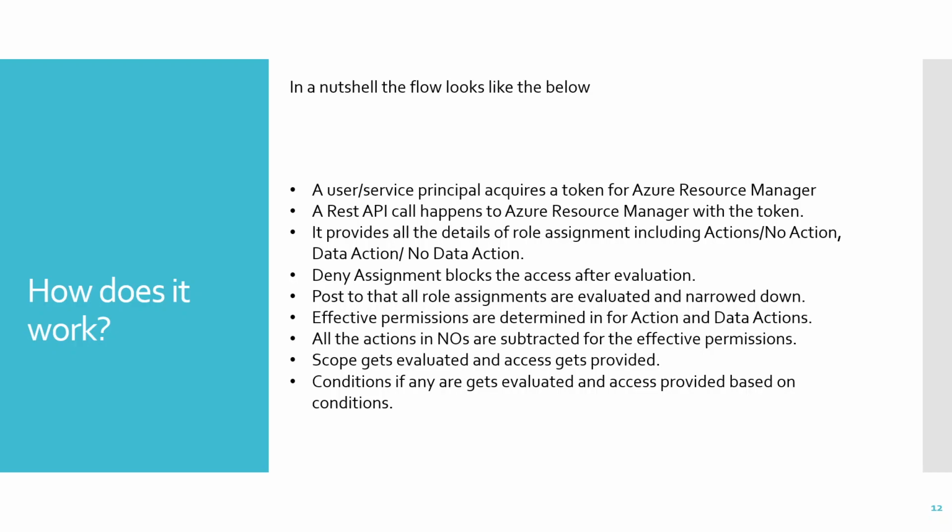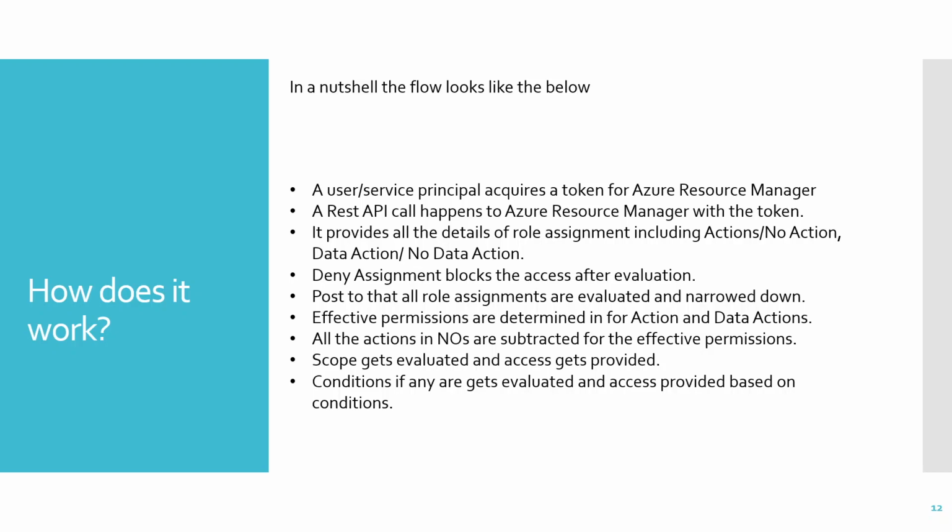After that evaluation, effective permissions that can be granted to the user are determined. So how does it determine? No actions metadata will always be subtracted from the action metadata, and that is the resultant value. Similarly, no data actions metadata will be subtracted from the data actions metadata, and that is the resultant value, and that decides the effective permission that can be granted to that particular user.